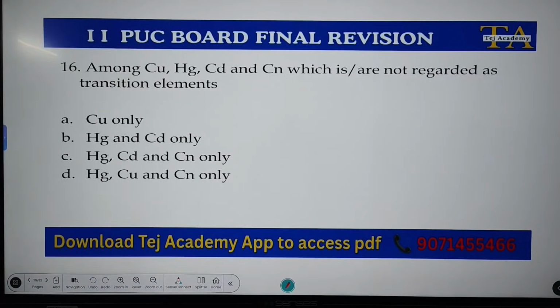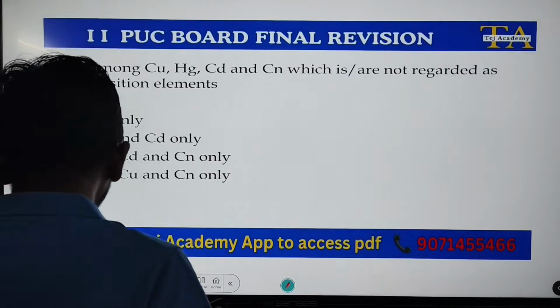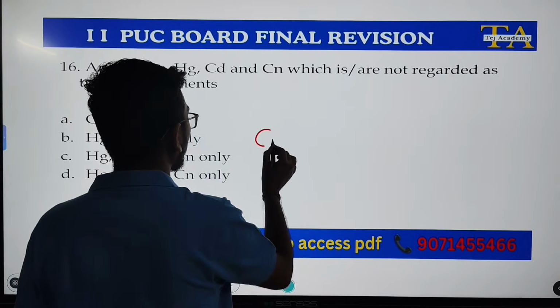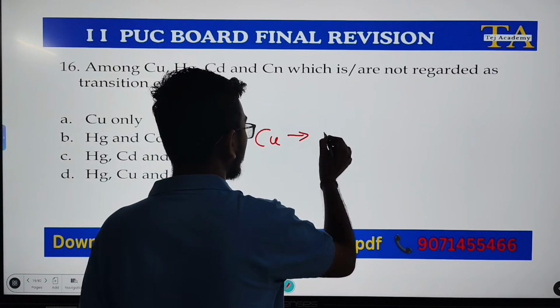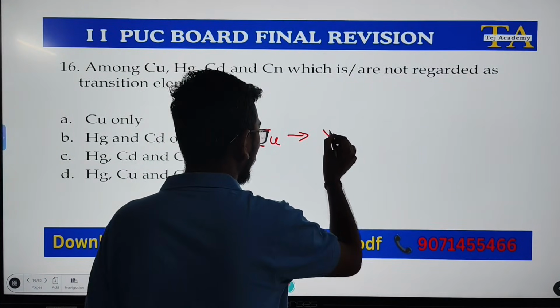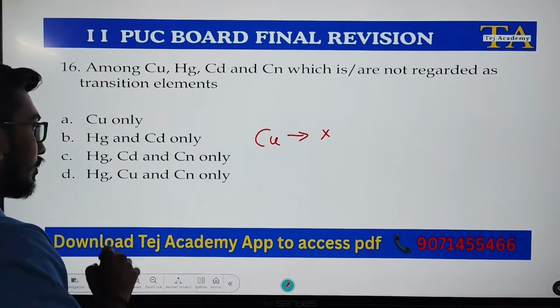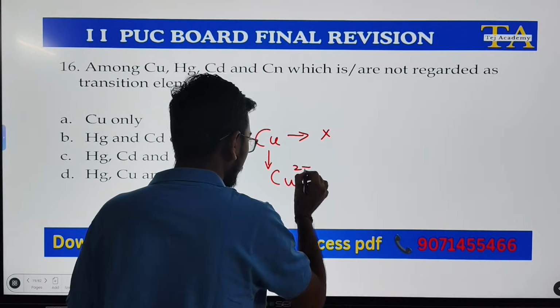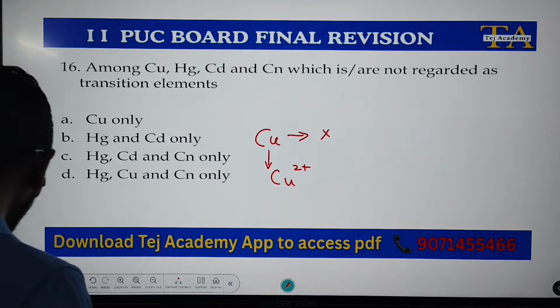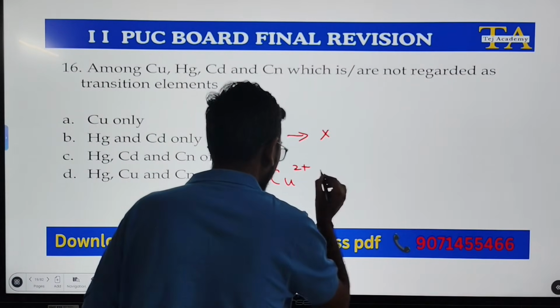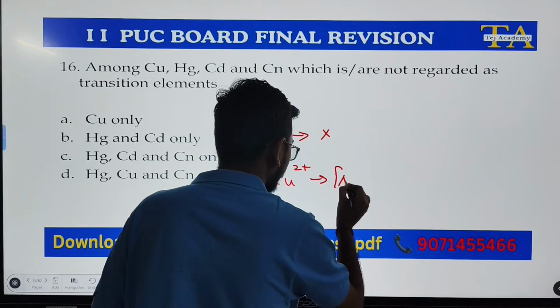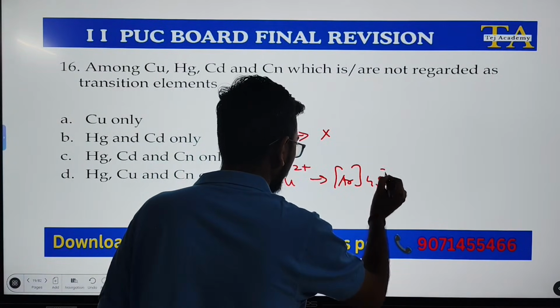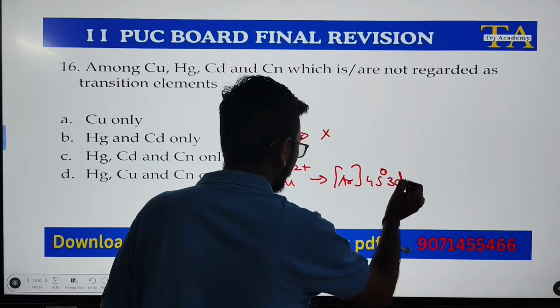So they are asking which will not belong to transition elements. Now see here, for copper, we know that copper in normal state will not produce any unpaired electrons, but copper in +2 state will produce argon 4s0 3d9.